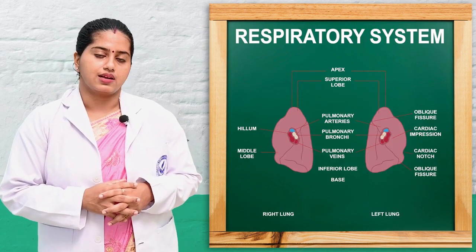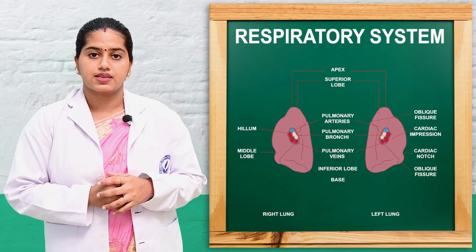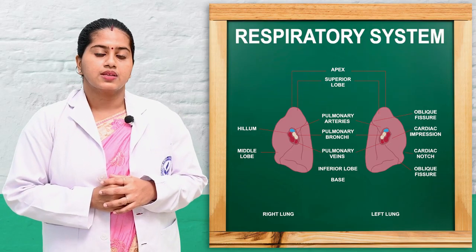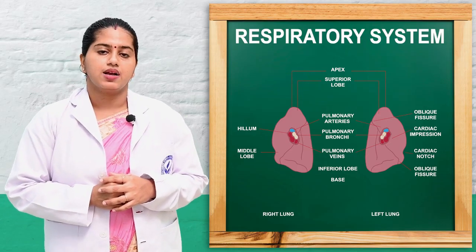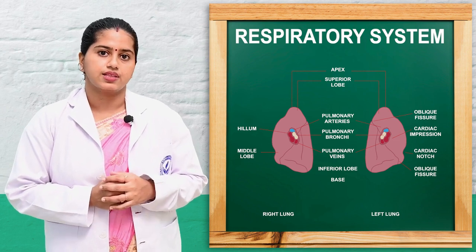Next one is the lungs. There are 2 lungs, conical in shape, present inside the thoracic cavity, separated by the mediastinum. The right lung has 3 lobes, the left lung has 2 lobes.